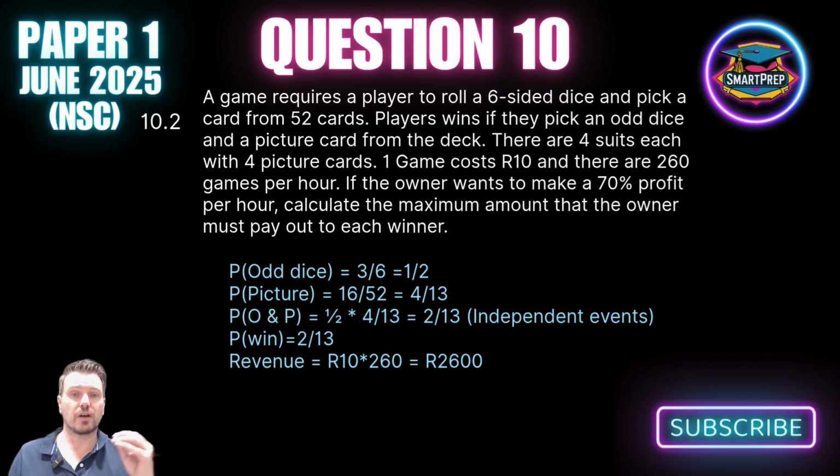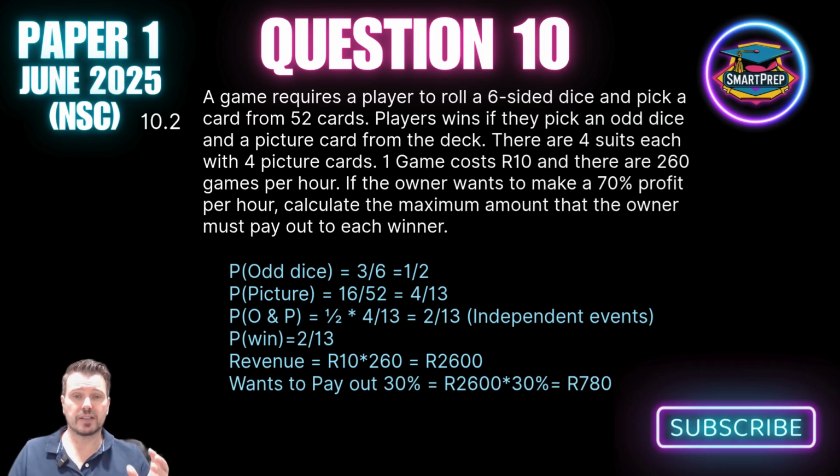So his costs need to be 30% of that revenue. So 30% of the 2,600 is going to be 780 Rand. So his revenue is 2,600 and he wants to pay out 780 Rand, because that will then be his costs and the rest he'll keep as a profit.